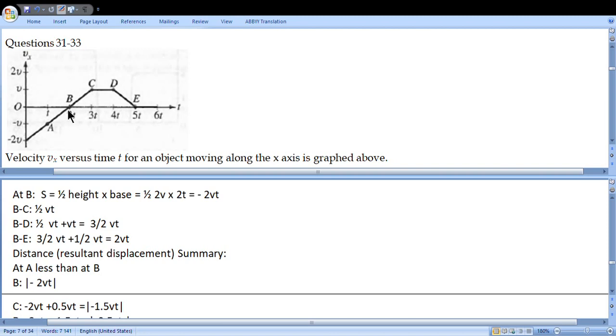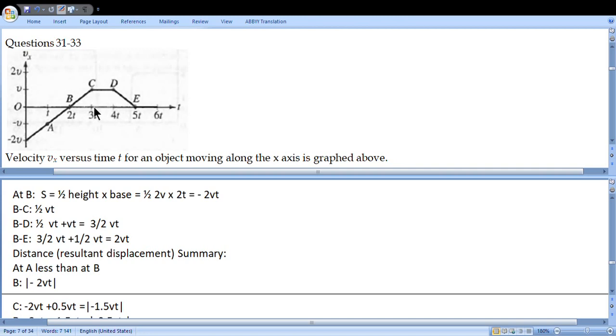Then what happens next? It starts returning back. So distance decreases. Returning back. Let us see how much it returns. So from B to C, it returned half Vt. It is area under the triangle. Between B and D, it traveled return additional Vt.